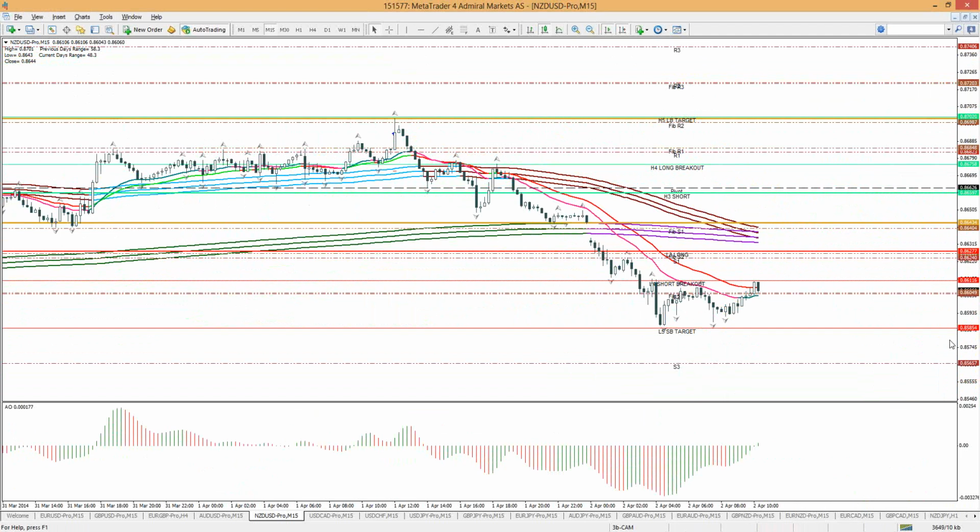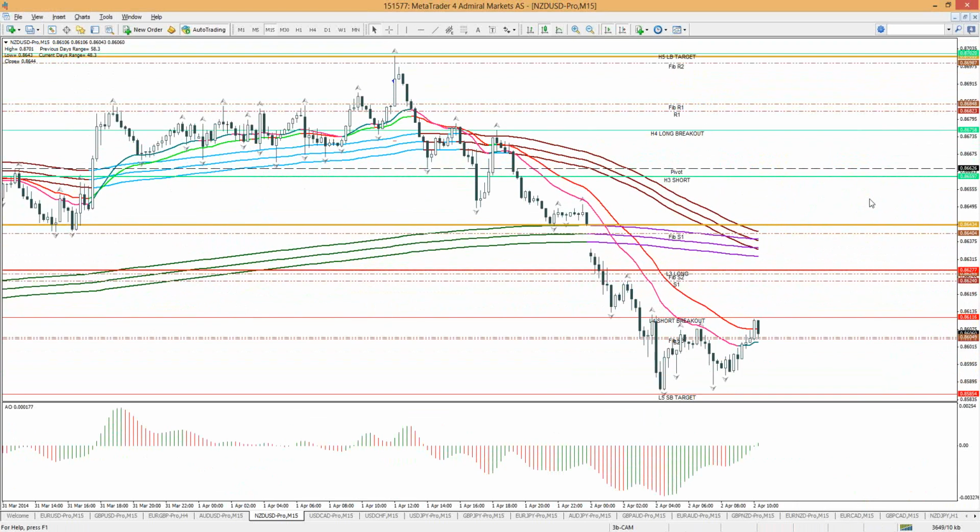So today could be more of a range day for the remainder of the day. I'm not too interested in trading ranges, especially with the moving averages like this. I don't see anything that interesting at the moment that could occur. Of course, whatever price action happens in the next couple of hours could change the scenario. I'm not personally too interested in it at the moment.